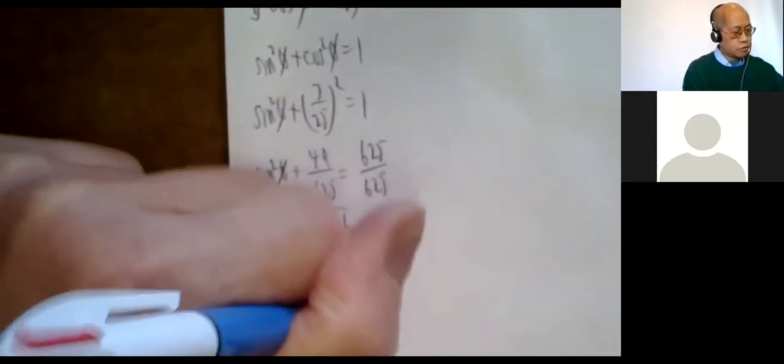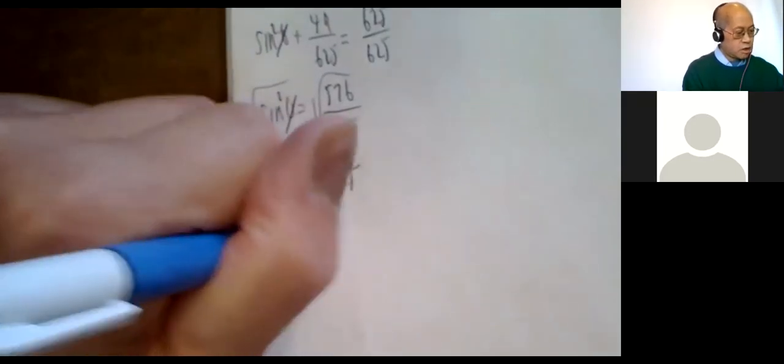There's 1. Subtract 49/625. Sine squared phi is 576/625. Take the square root. We're in quadrant 1, so I want the positive. So sine of phi is 24/25.